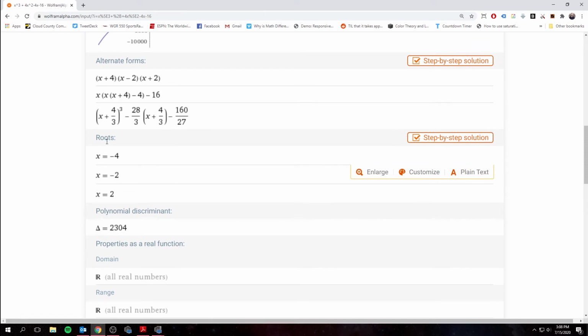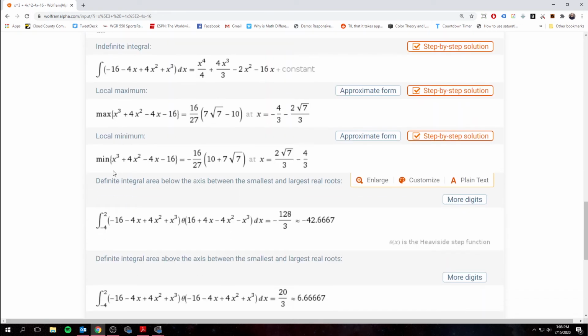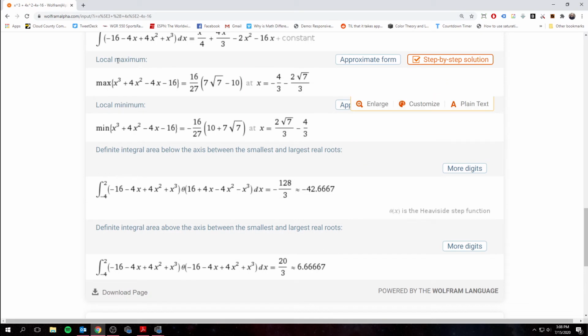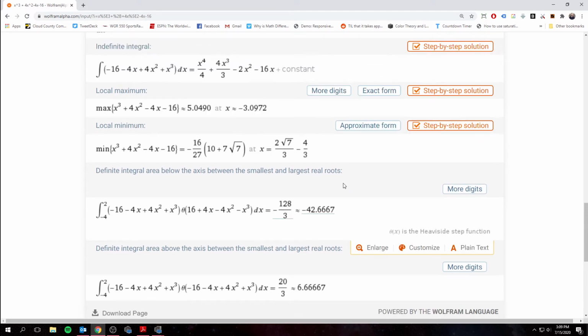And they'll actually give you the roots. Don't need to worry about that. Don't need to worry about these things. The local max and the local min, these are actually the things that we want. So you can kind of see, they give you approximate form, or the exact answers, I should say. The approximate form, if you want to put it into like a decimal, you can go and hit approximate form, and it'll actually give you the decimal representation.